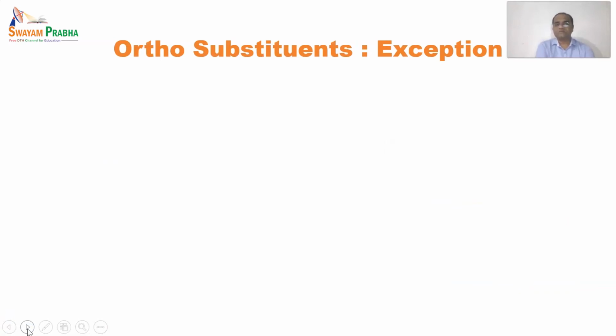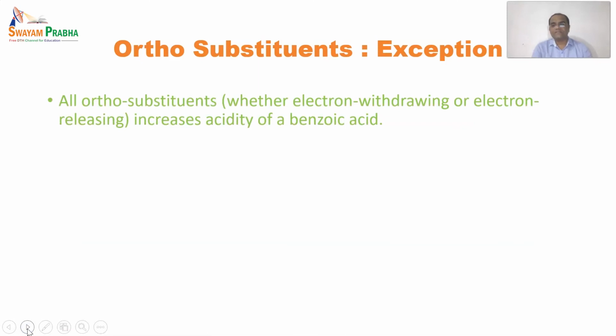Apart from this, there is one more exception, that is the ortho substituent. Whether it is an electron withdrawing or electron releasing group at an ortho position, all the time it will increase the acidity of benzoic acid.